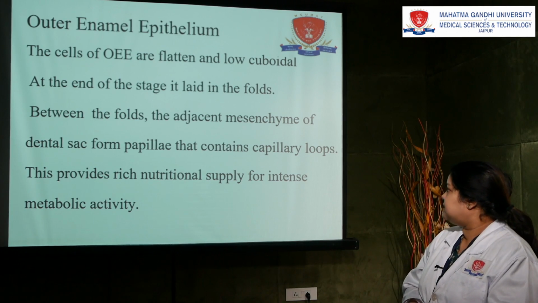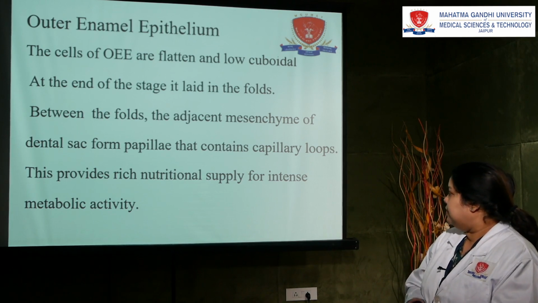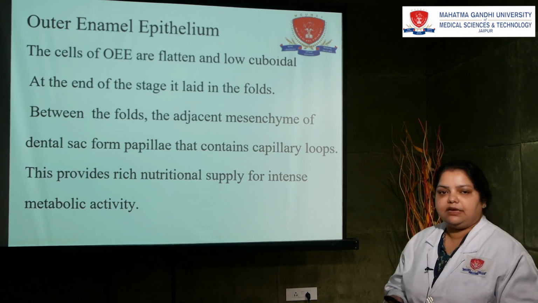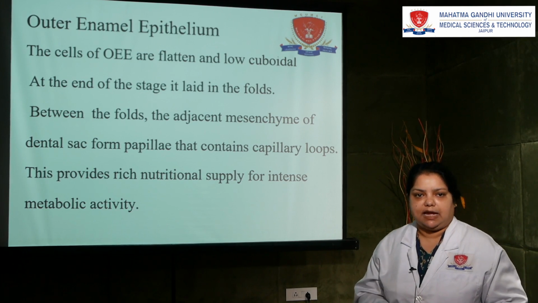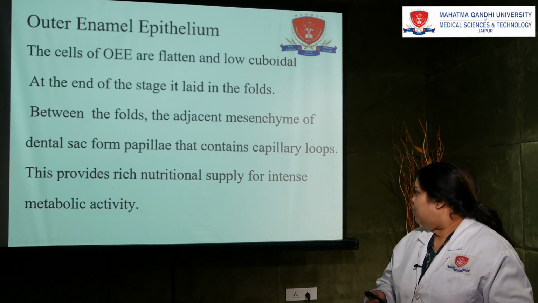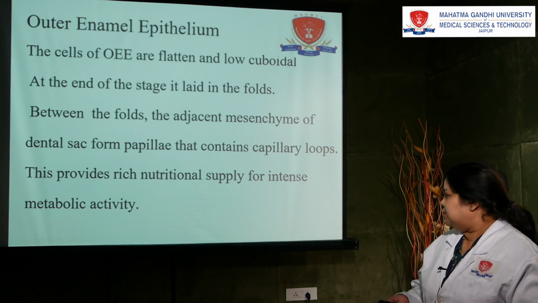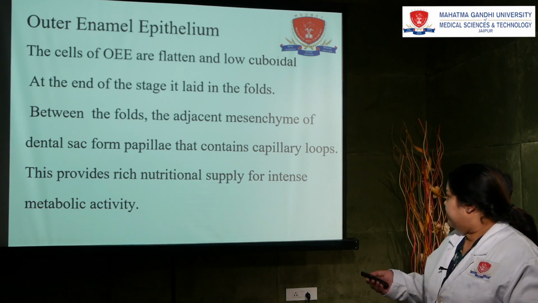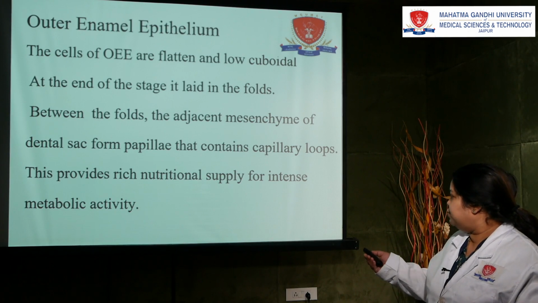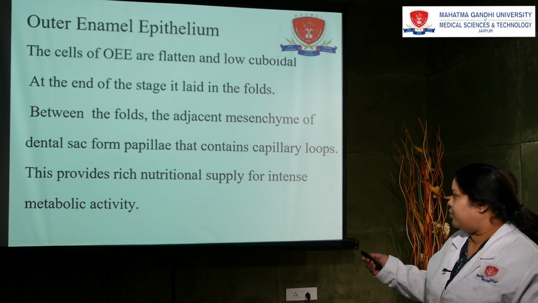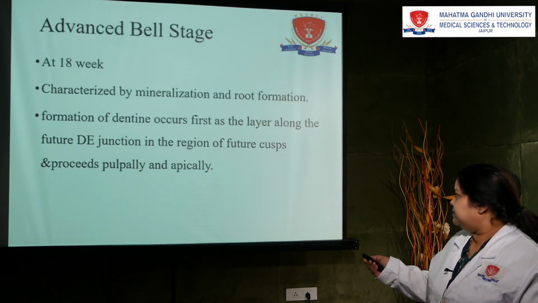At the end of the stage, it leads to folds, and between the folds there will be the adjacent ectomesenchyme, which will help in the reciprocal induction or reciprocal nutrition to the budding enamel organ. This provides a rich nutrition supply for the intense metabolic activity.